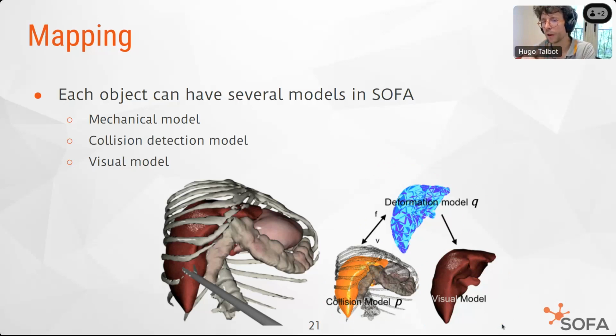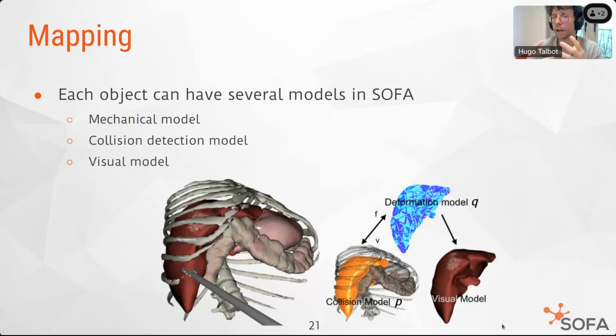But the fact is that by decoupling those different representations, the mechanics, the rendering, and the collision detection, so the primitives that we're going to use for the collision detection, it will help us to optimize, to find the best trade-off where the efficiency of the simulation will be maximum while having a maximal accuracy where we desire.